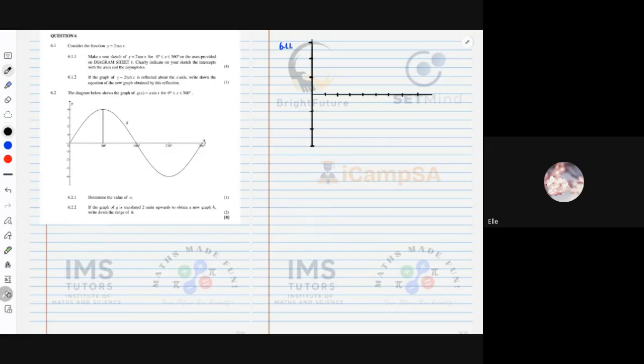But I'll only write 90 degrees, 180 degrees, 270 degrees. Just for neatness, I'll only write these values. And then here we have 1, 2, 3, minus 1, minus 2, minus 3.